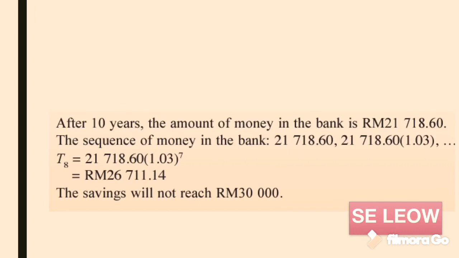So the 8th year is equal to 21,718 times 1.03 to the power of 7. Okay, so the money becomes 26,711.14. So the saving will not reach 30,000.